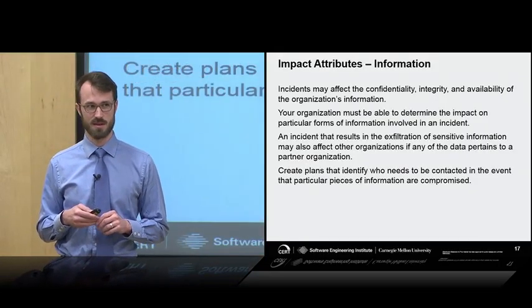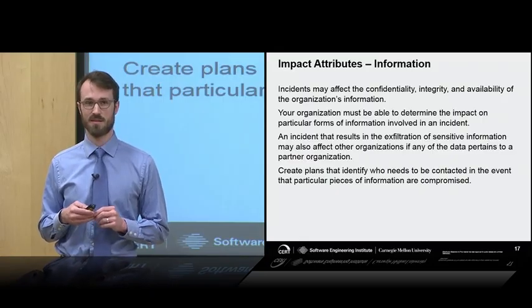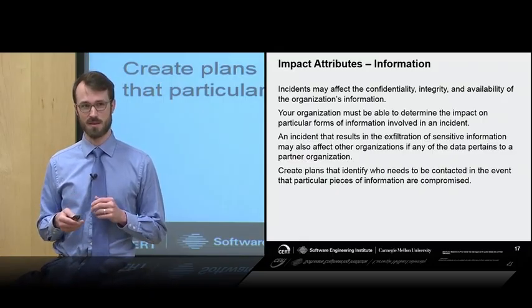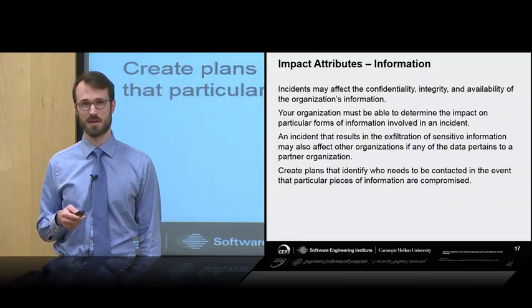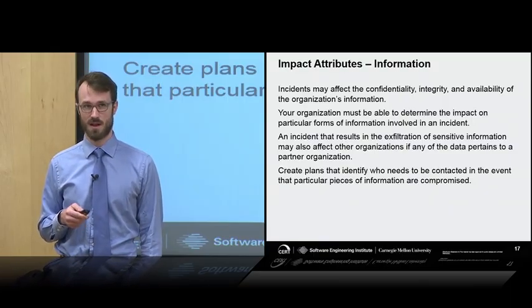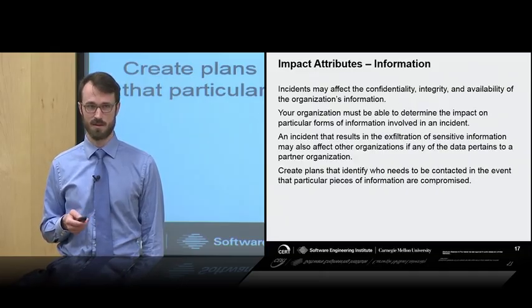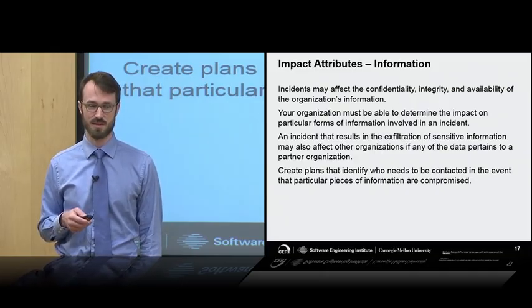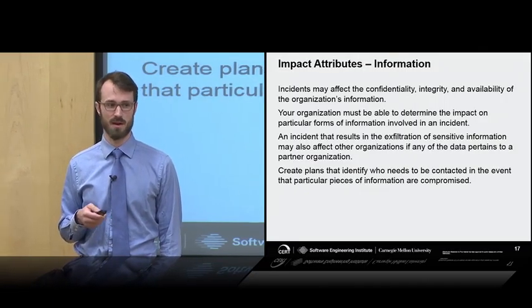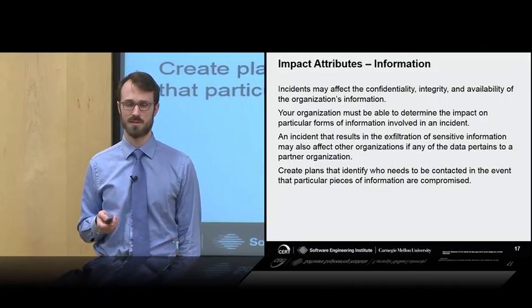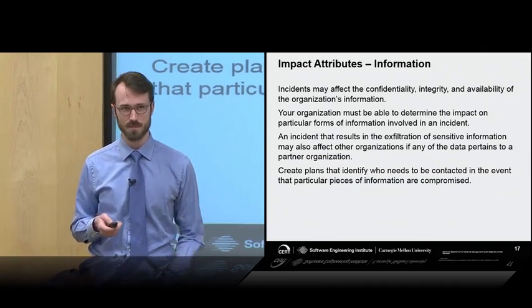Information needs to be cataloged, and an impact needs to be assigned to it depending on how important it is to your organization. If information is lost, what's the impact? You need to know that. If information is deleted or degraded or simply stolen in some way, what's the impact to your organization?